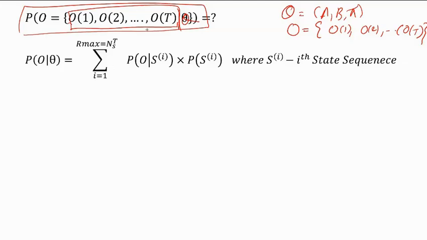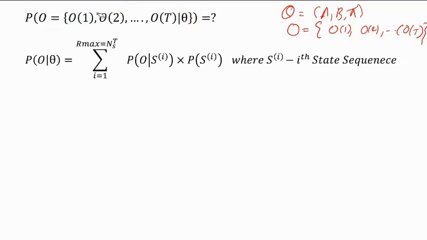Now we can see that there are many possible combinations of these states. You can have different possible combinations of hidden states and still produce the same sequence. So remember, your states can be anything, but you can produce the same observables.